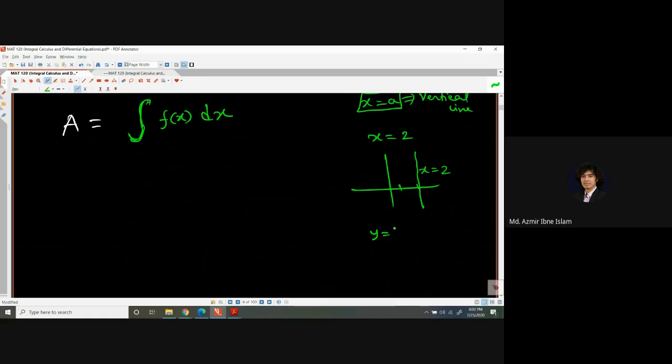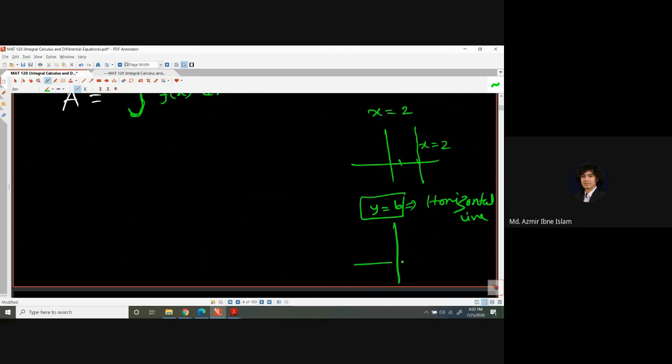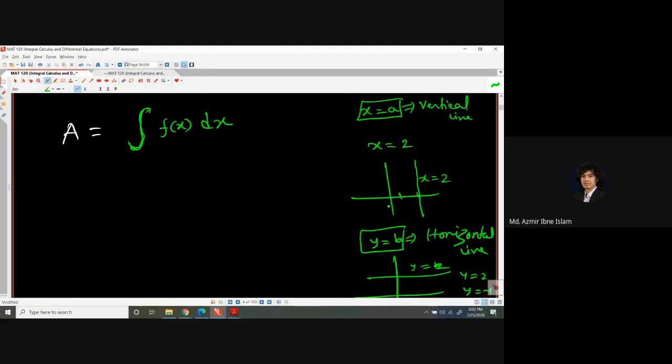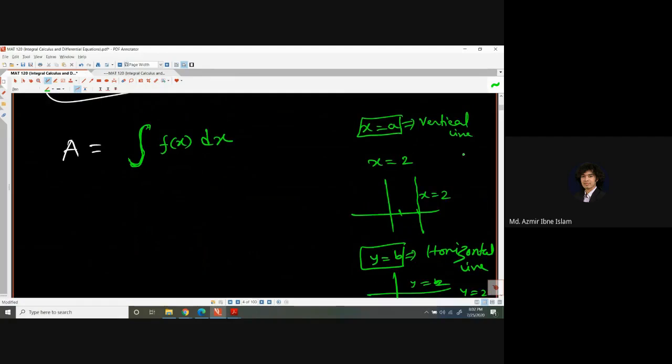If I say y equal to b, then this is giving us the horizontal line. Suppose we are going to draw y equal to 2, then it is y equal to 2. If we need to draw y equal to -1, so here we have y equal to -1. So finally we can say that x equal to a are vertical lines and y equal to b are horizontal lines.